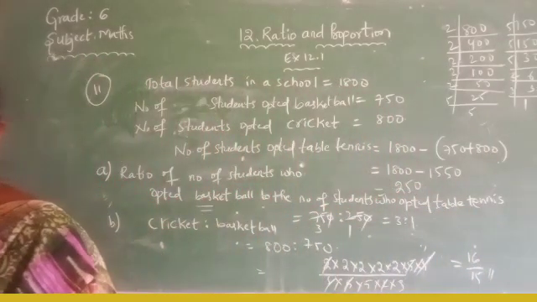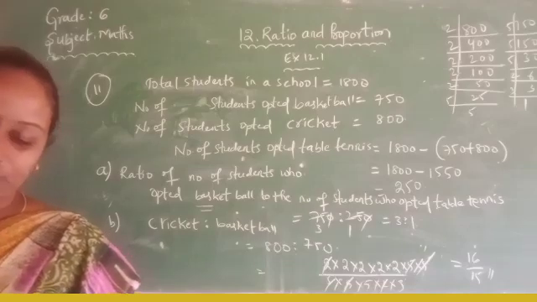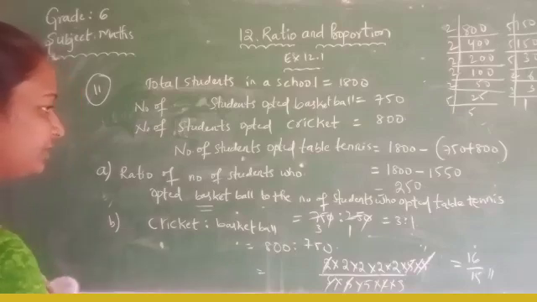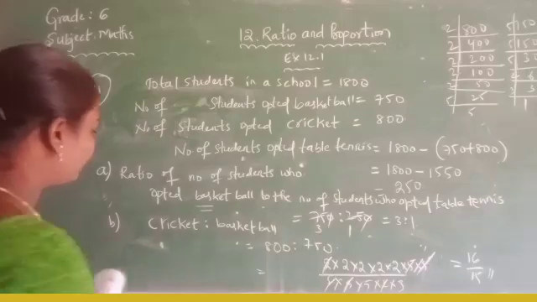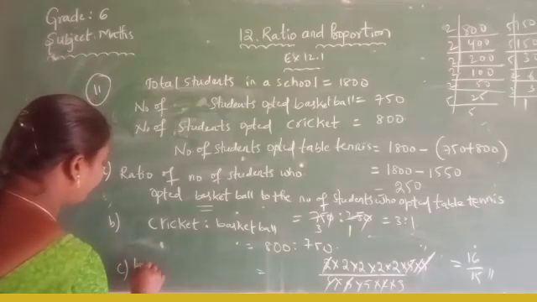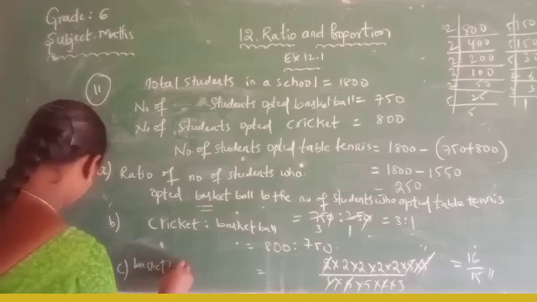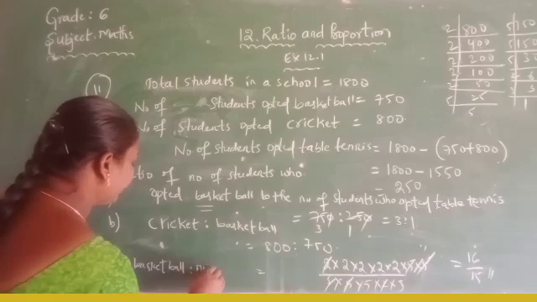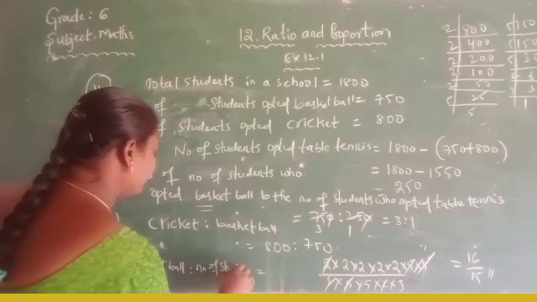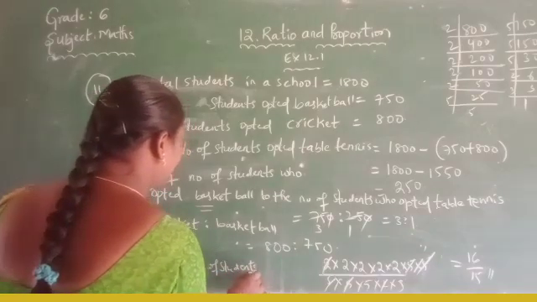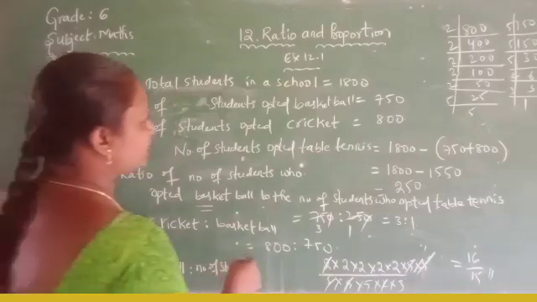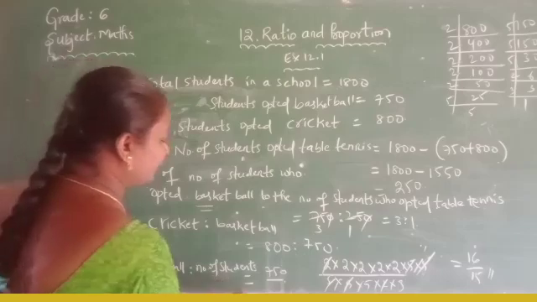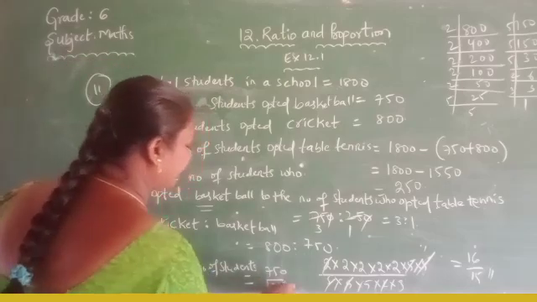Next, the third one: the ratio of the number of students who opted basketball to the total number of students. Basketball strength is 750 and the total number of students is 1800.